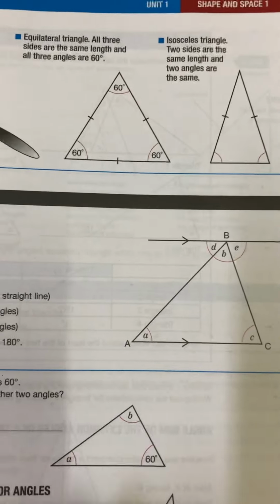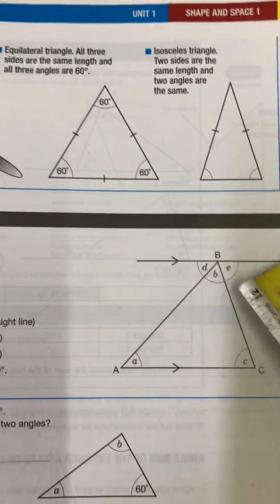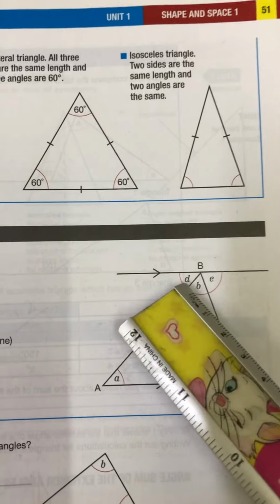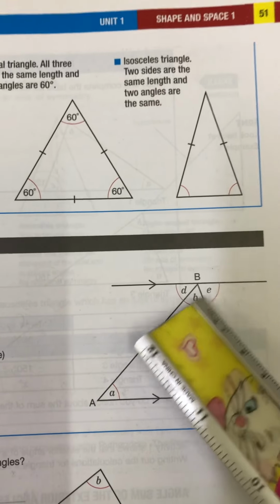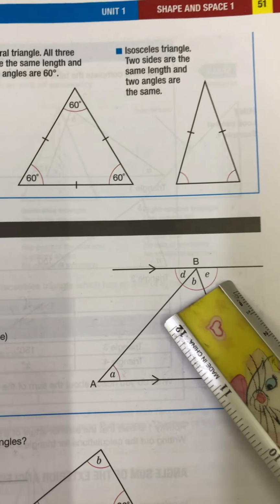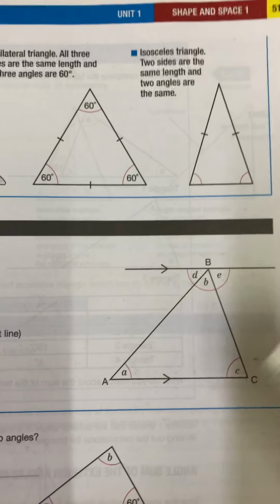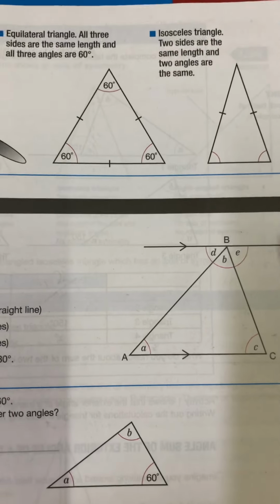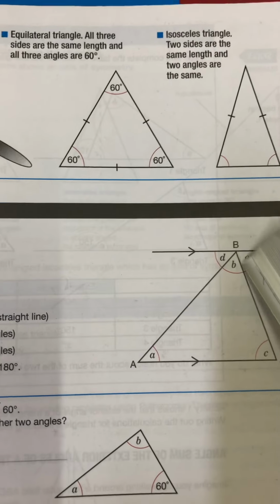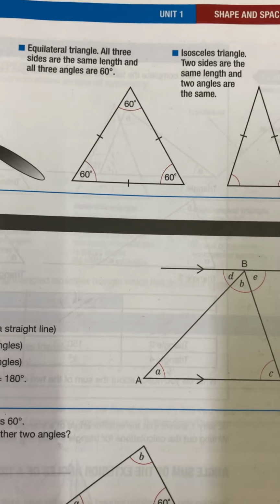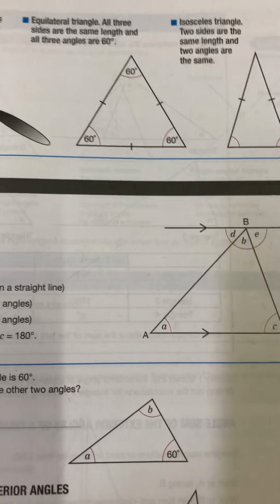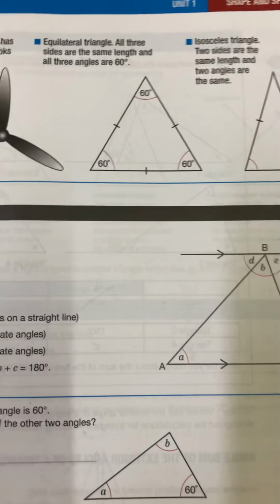Here, attention, I have parallel lines, and here B is parallel to AC. But look here, measure angle D plus B plus C equals 180, okay, straight line angle. And here we have A and C. Look carefully at the parallel lines.